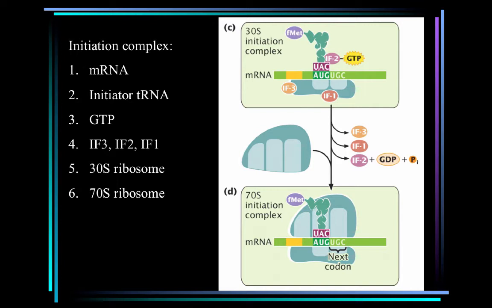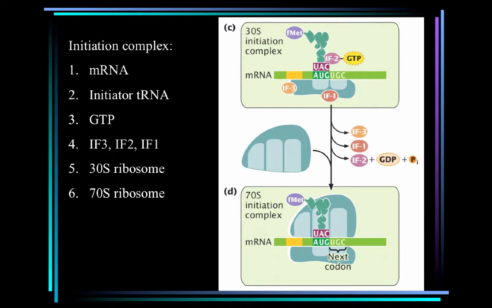Initiation factor 3 is going to come together and bind to the small subunit, and that's going to prevent the large subunit from binding at that point. That interaction between initiation factor 3 and the small subunit is then going to allow the small subunit to attach to the messenger RNA strand.